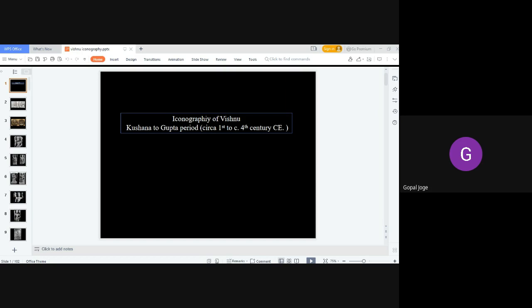Now, the word Vishnu comes on only a few occasions in the Rigveda. It means that this deity was not as important in the Vedic period. It was a very minor deity in this phase.